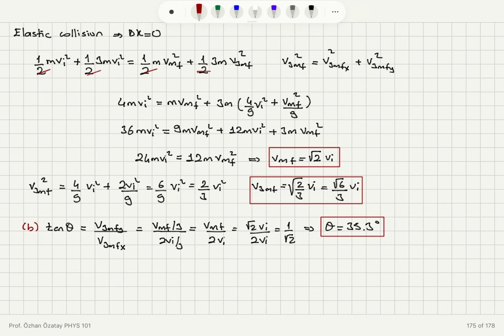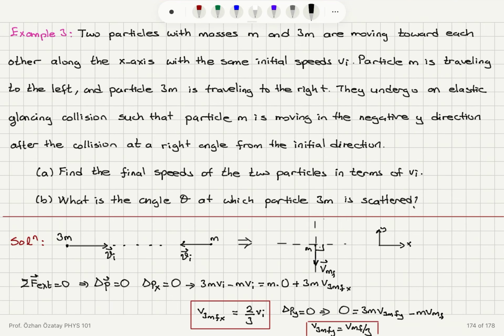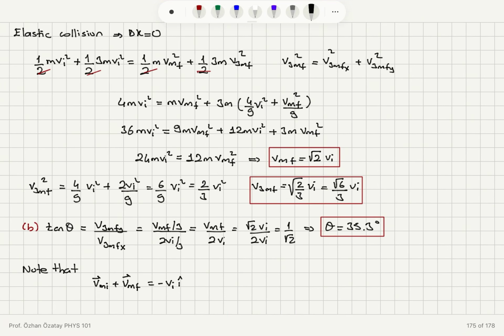Okay, now I want to note here an important fact. If I were to calculate Vm initial plus Vm final, the total velocity vector, initial plus final, that would be minus Vi I hat for Vm initial, and the final velocity is minus square root 2 Vi j hat.